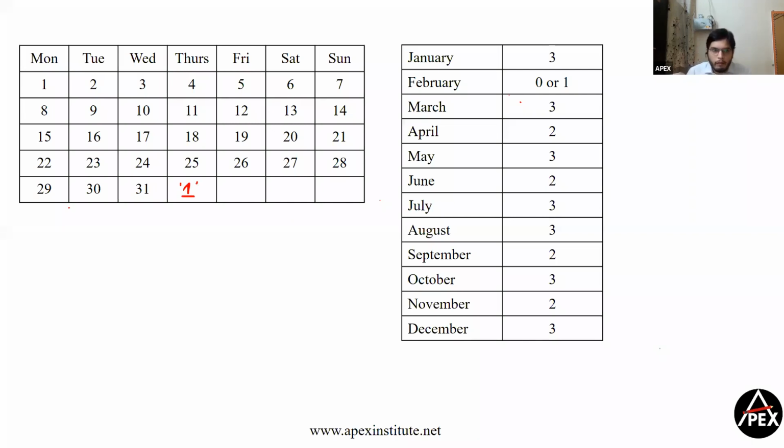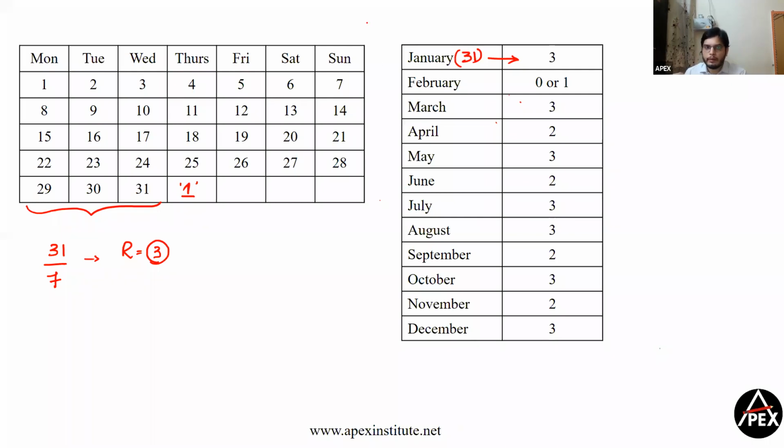Okay, now if you observe, there is a shift of 3 days. Why 3 days? How many days do we have in January? 31 days. So divide 31 by 7. What is the remainder? Remainder is 3. Okay, so in the month of January we will be having 3 odd days because Jan has 31 days. Clear?